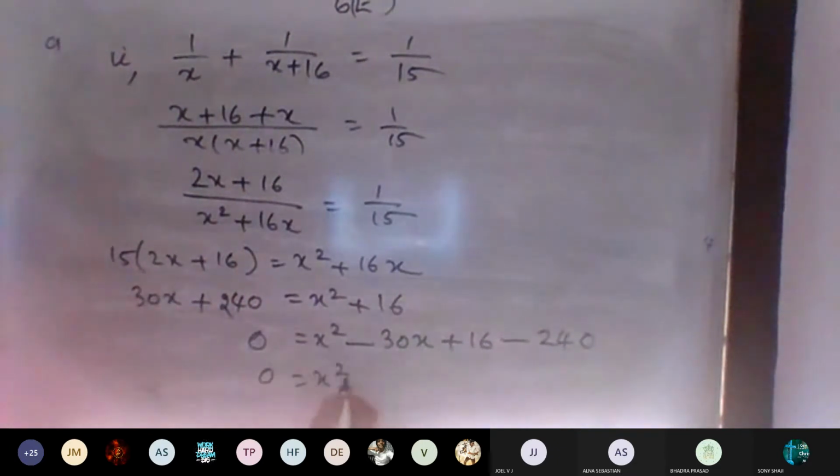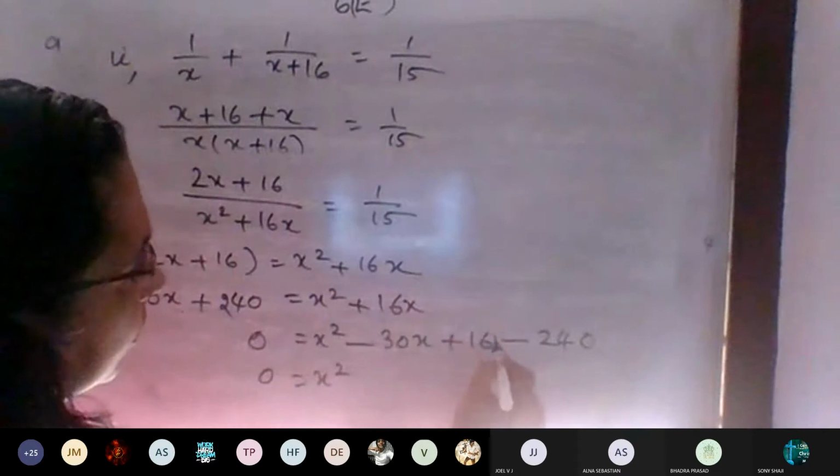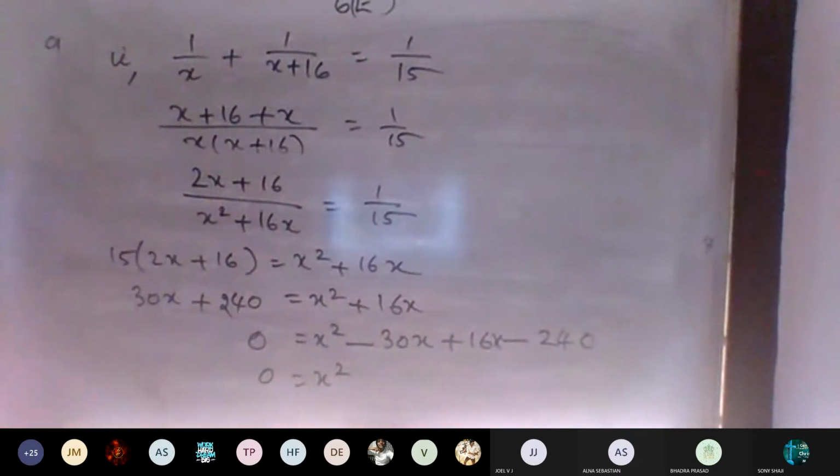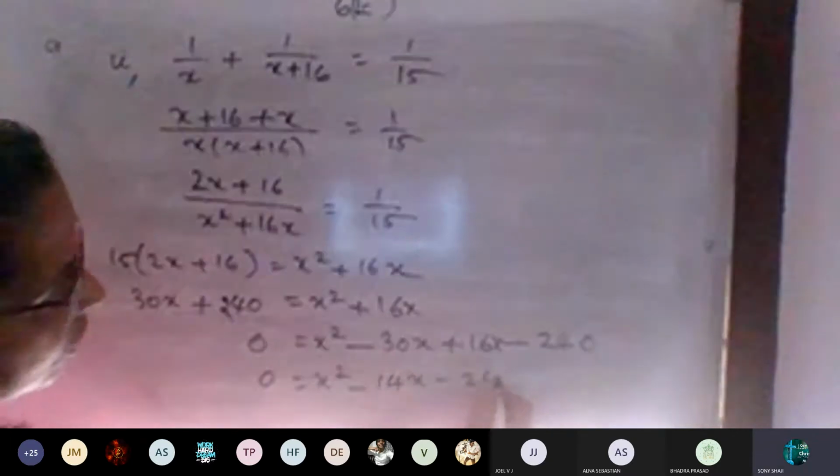So 0 is equal to x square minus 30x plus 16x, that is x square minus 14x minus 240.